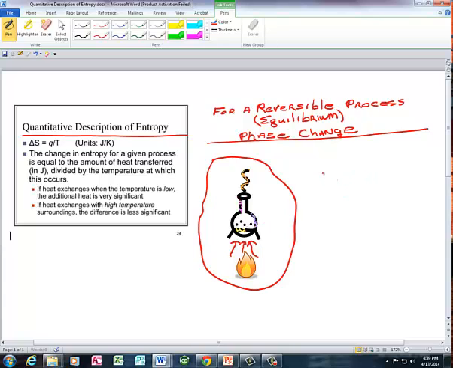So we can come up with our definition for this system as the change in entropy for our system is going to equal Q, and Q is just the amount of heat that we're adding to our system in this case, divided by the absolute temperature. And phase changes do happen at constant temperature. In the case of water, water boils at 373 Kelvin or 100 degrees Celsius.